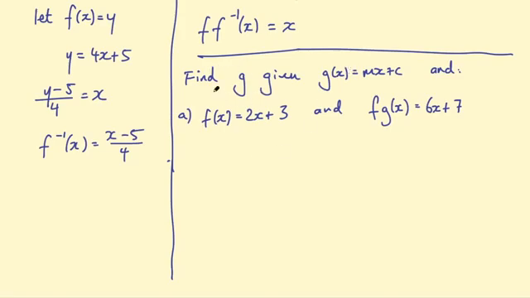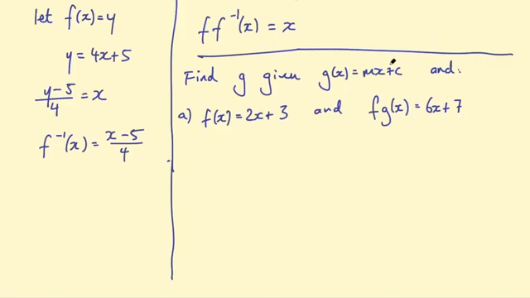Okay, so this is saying that the function g must be a straight line. Remember, this is the general equation of a straight line, mx plus c. And we're given a new function, f, and we're told that when we input the function g into f, we get 6x plus 7.